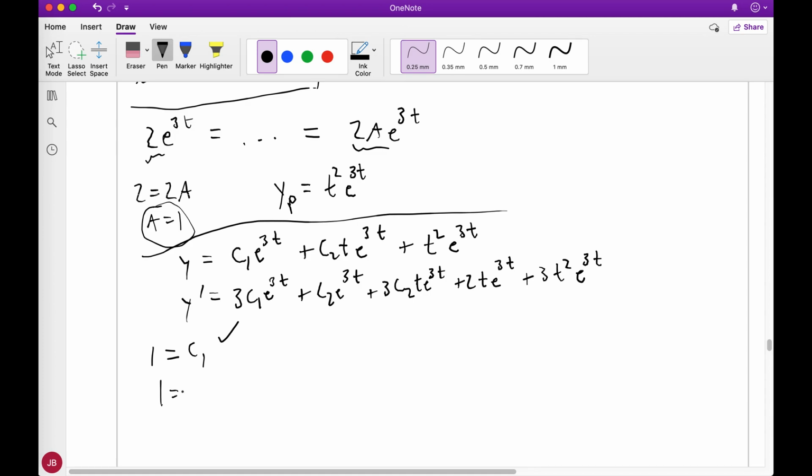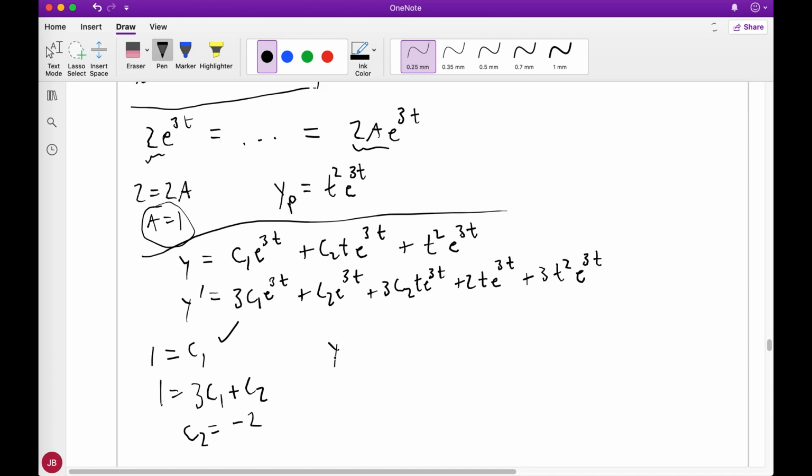And 1 is also what I get when I plug in 0 into the function y prime. So I get 3 c1 plus c2. And you'll notice all of the others have a factor of t, so those all vanish when I plug in t equals 0. And so if c1 is 1, then c2 has to be minus 2.